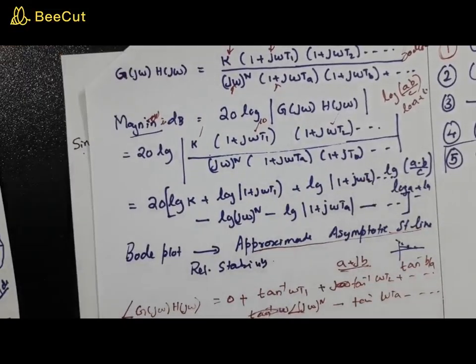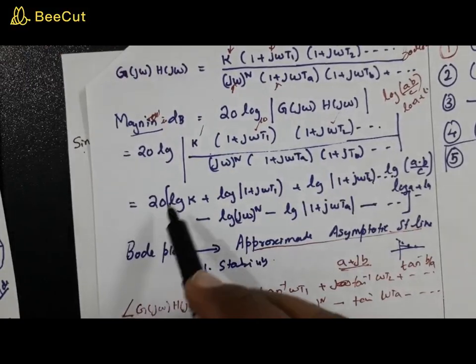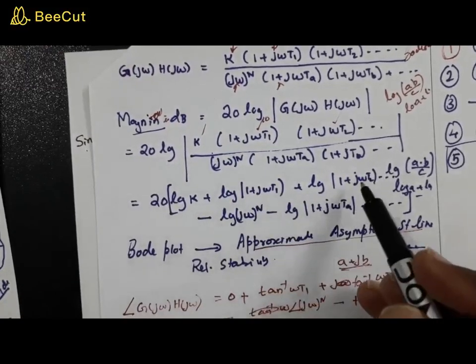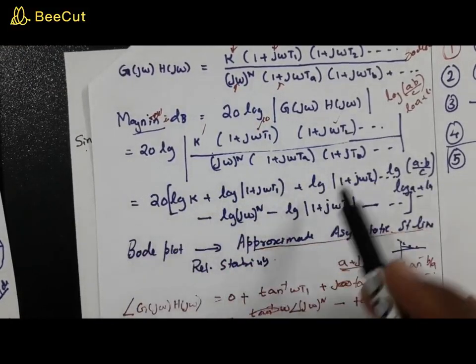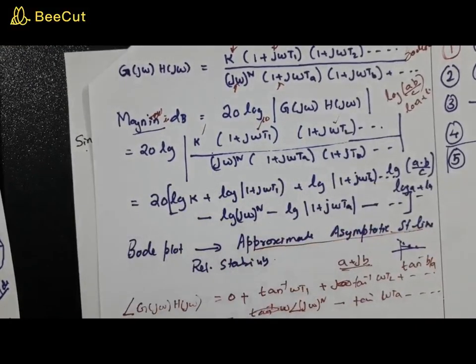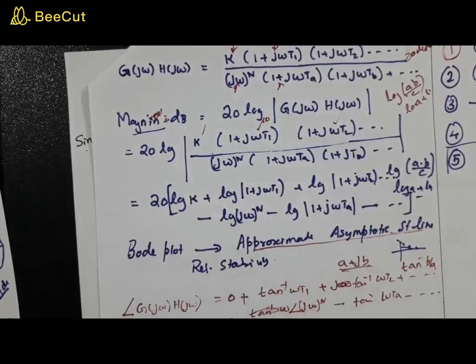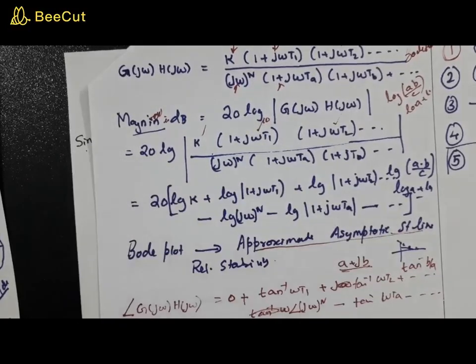So if you have an idea about how each term varies according to the frequency, then as it is expressed in decibel, you just need to add the effects of each term, and you will be getting this magnitude plot.